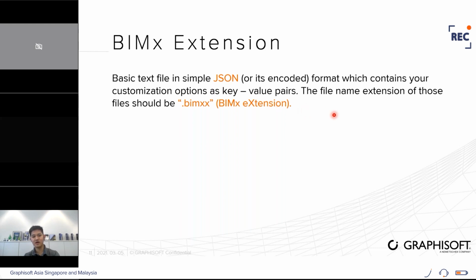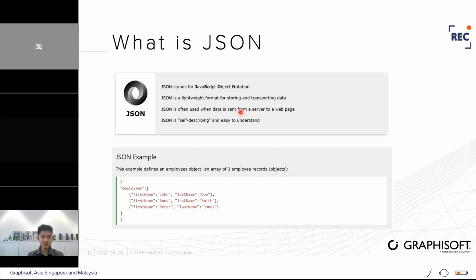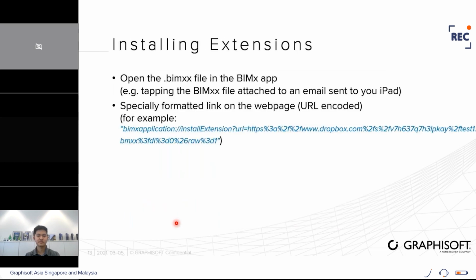It's a key-value pair, and the file name for that text file should be .bimxx, which stands for BIMx extension. JSON is a JavaScript object notation used to store or transport data. It looks something like this. It's really human readable and easy to use.